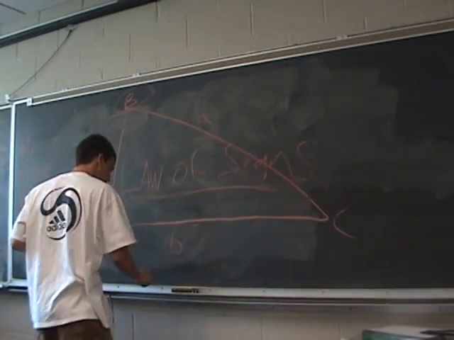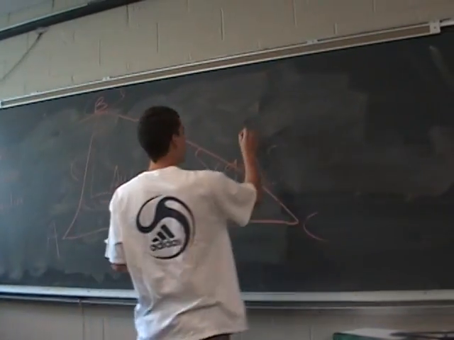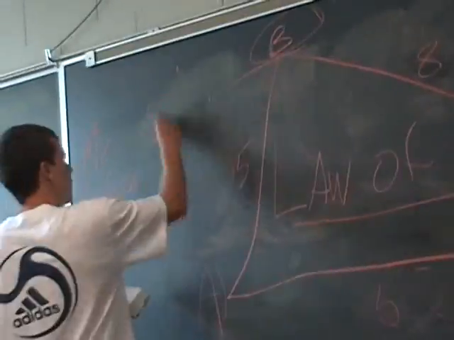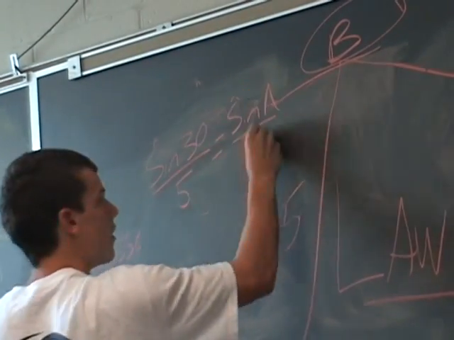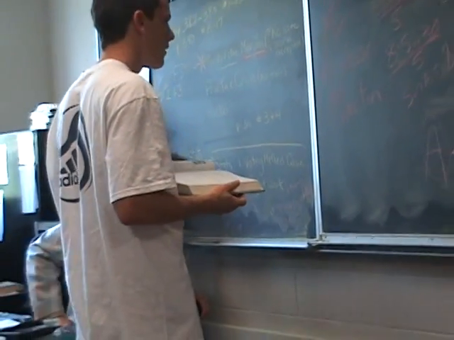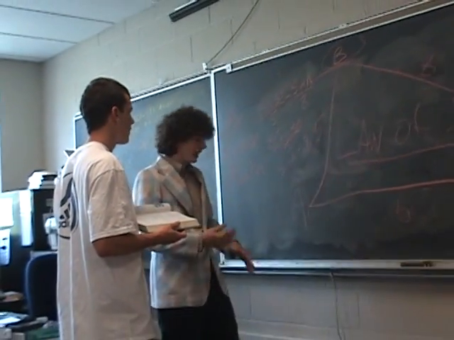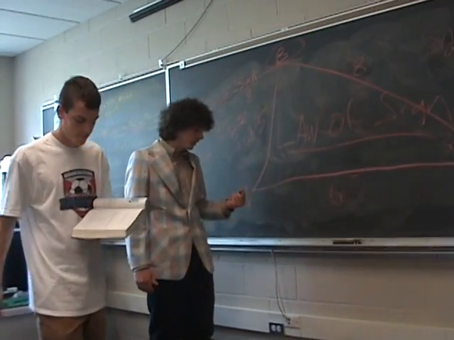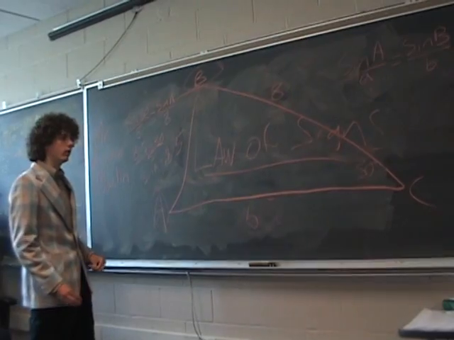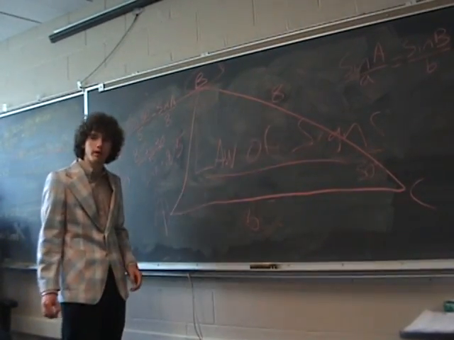Okay, I believe the law of sines is... Well, thank you, Nate. That was pretty terrible. So you can go have a seat now. I guess we'll call that the law of sines lesson for today.